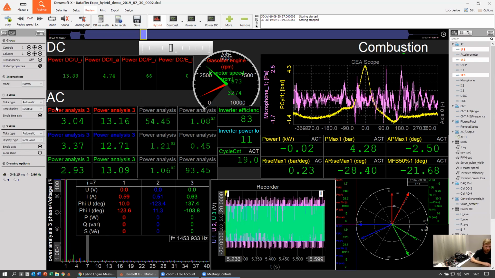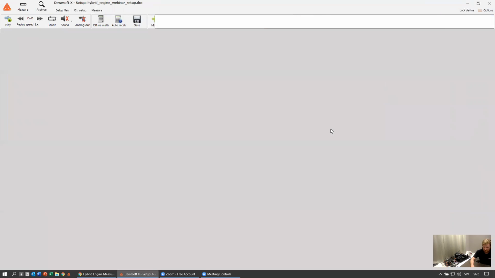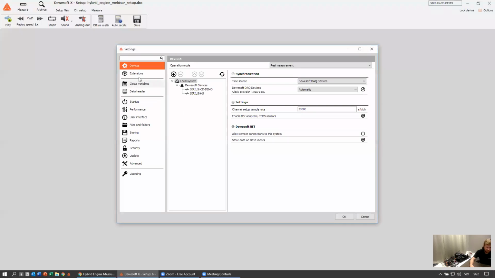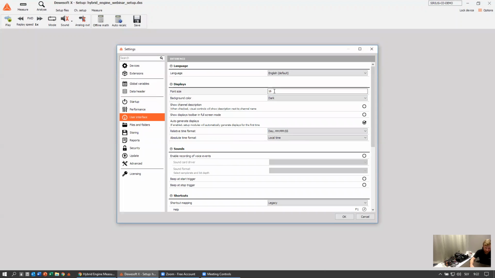Then we have a complete analysis of the electric motor. So all three phases are shown here. Let me just reduce the size of the text so it will be a bit easier to see on the screen.